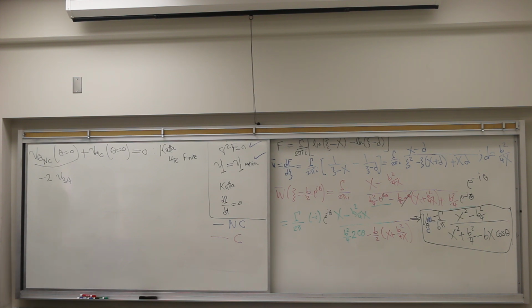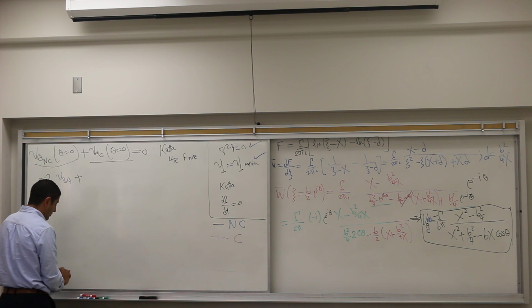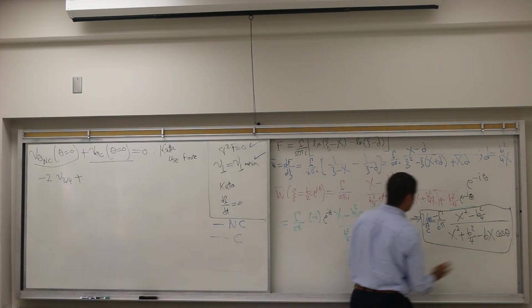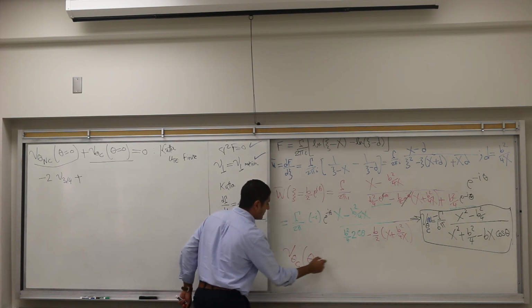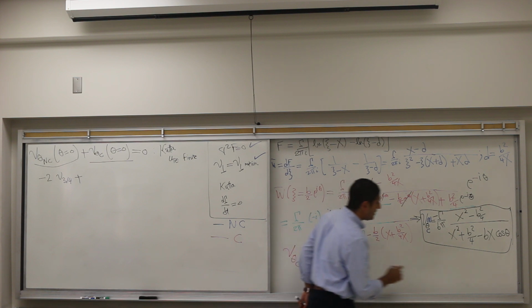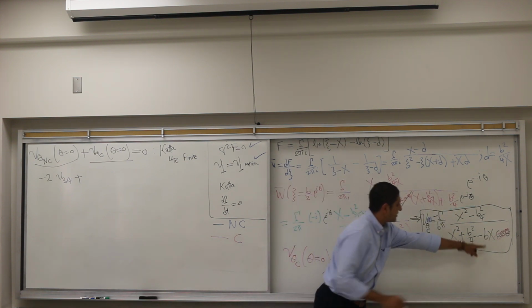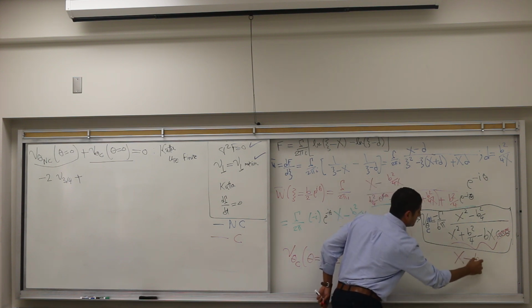Plus this one, we just got it here. Please substitute at theta equals 0, so this will be easy. So V theta circulatory at theta equals 0 will go away. So you can see that now I can write it as x minus b over 2, all squared.